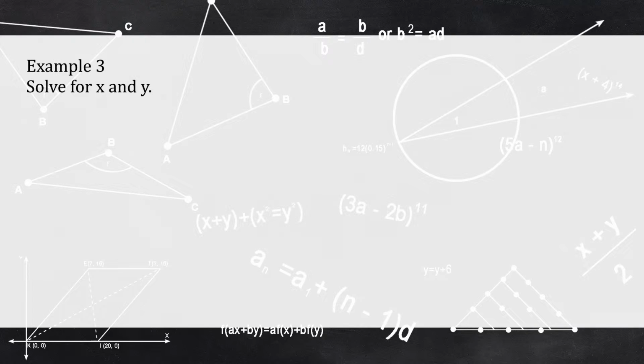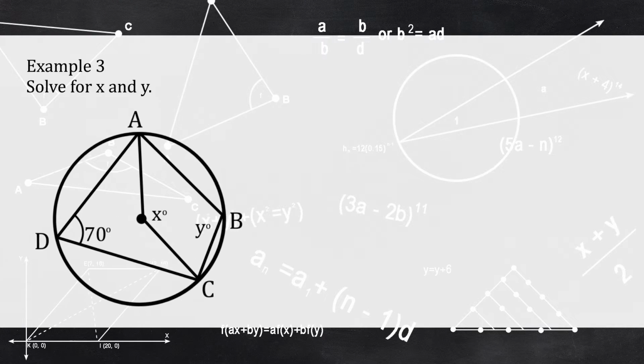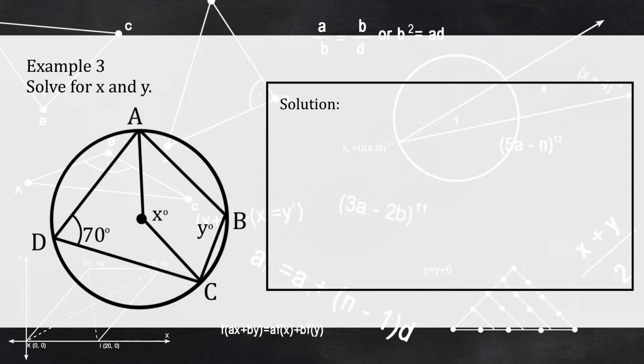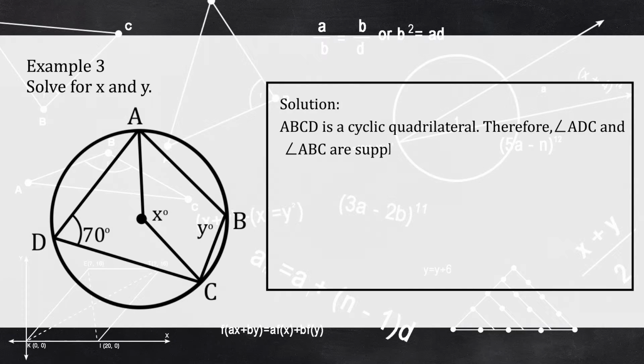Let's have some examples. Solve for x and y in the figure. ABCD is a cyclic quadrilateral. Therefore, angle ADC and angle ABC are supplementary. So 70 degrees plus y is equal to 180 degrees.